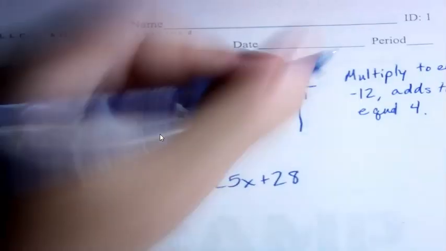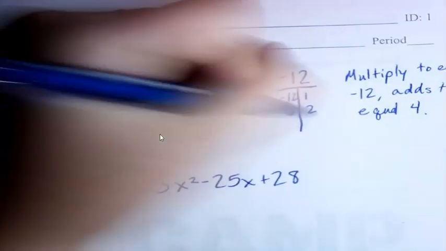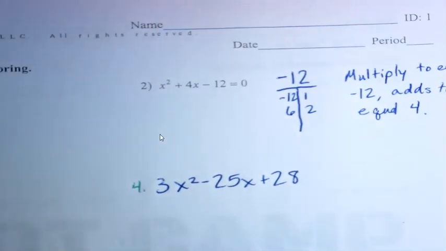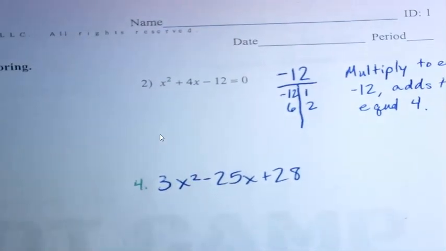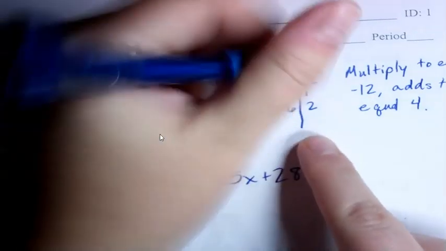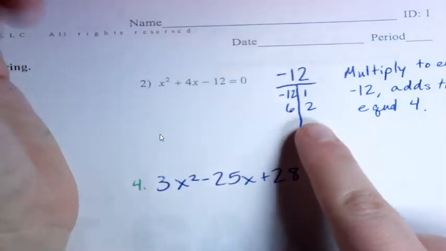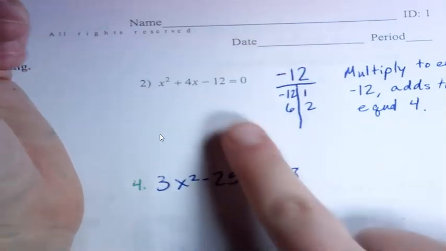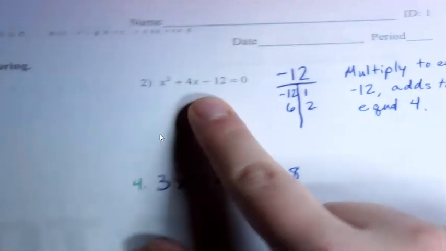Alright, so next we've got 6 and 2. Yes, because one of these has to be negative, right? And then one of them has to be positive. Which one of these will we make negative to add them to equal 4?